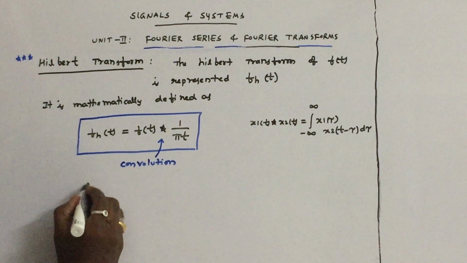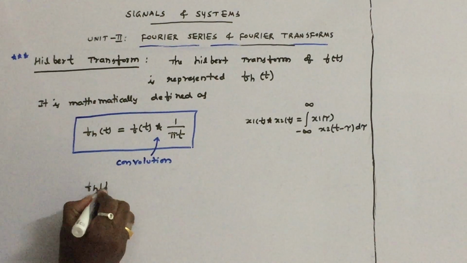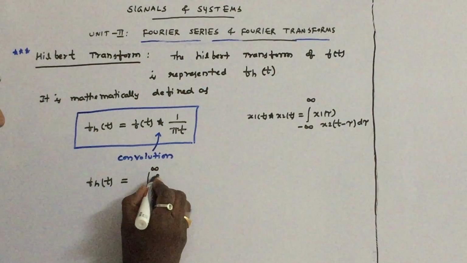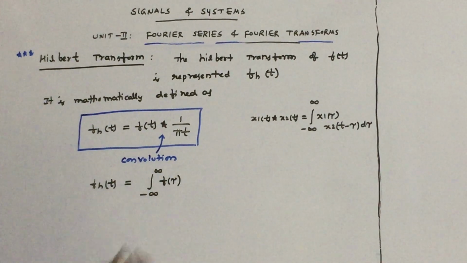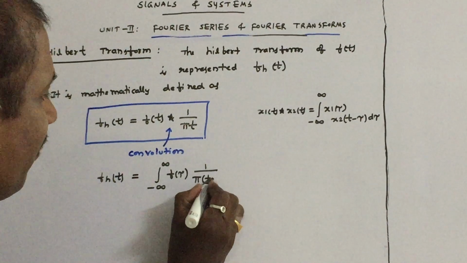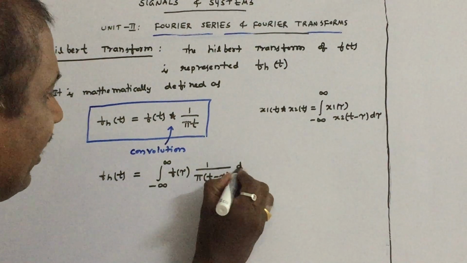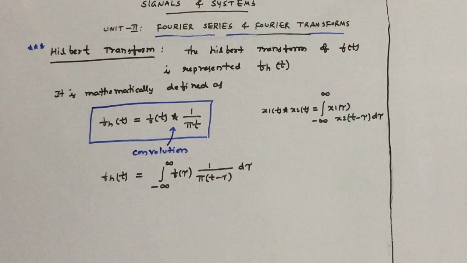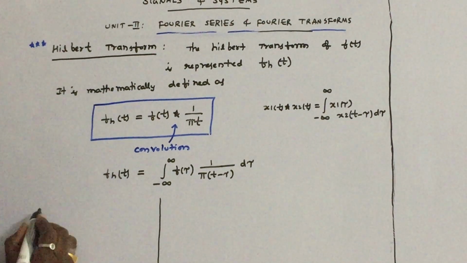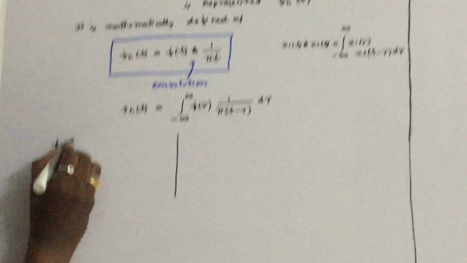So therefore f_h of t is represented as the integral from minus infinity to infinity of f of tau into 1 by pi into t minus tau d tau. So it is represented as f_h of t, the Hilbert transform.